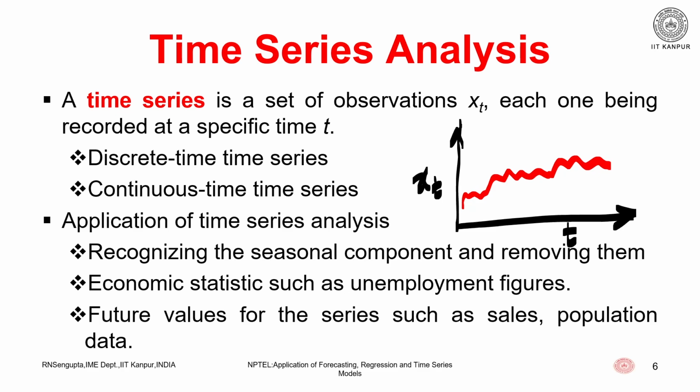Whenever you are considering a time series, it can be either a discrete time series or a continuous time series. What we mean by a discrete time series is that readings are taken at some discrete times. For example, I am measuring the stock prices at the end of the day.